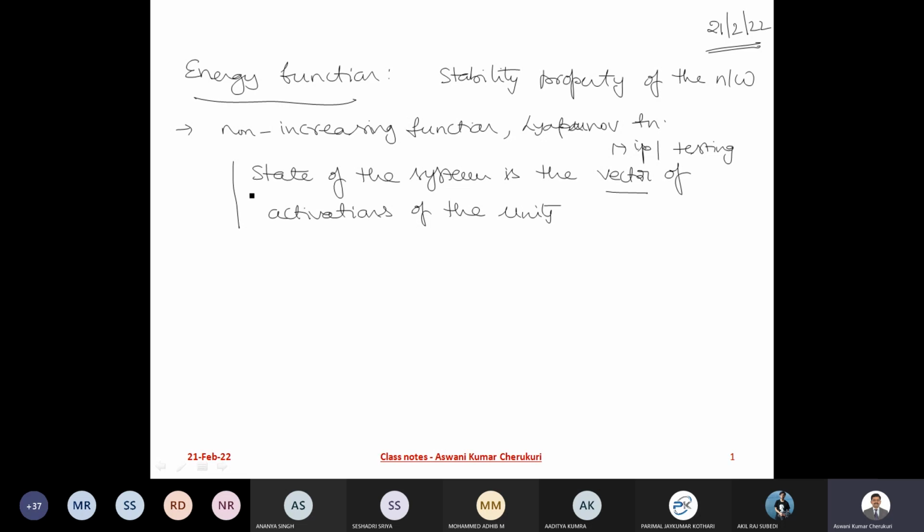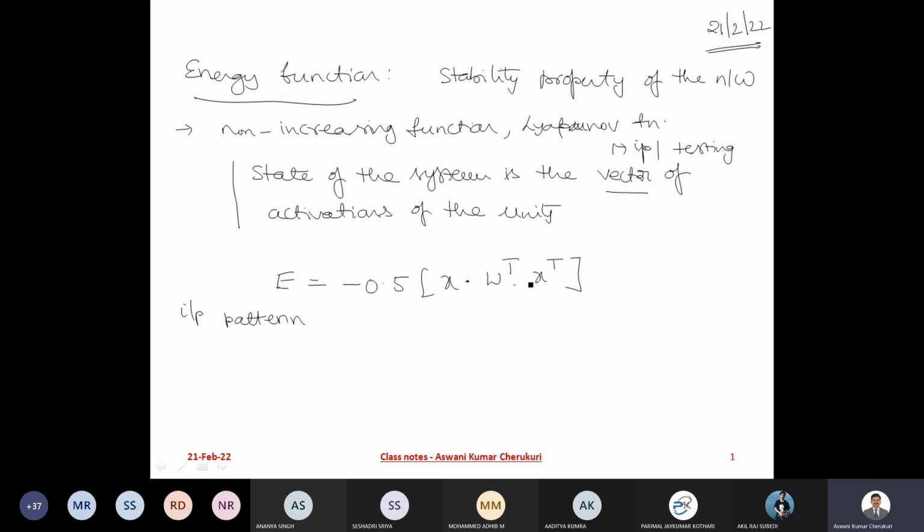What we typically do to calculate the energy function of a given network is that the energy E is equal to minus 0.5 times x W transpose x transpose. When you want to calculate the energy of the state of your system, you take the input patterns.